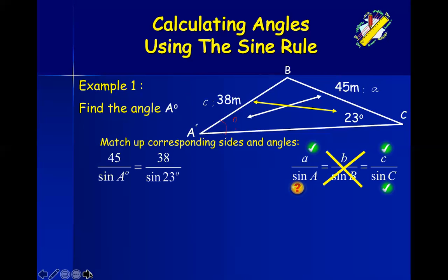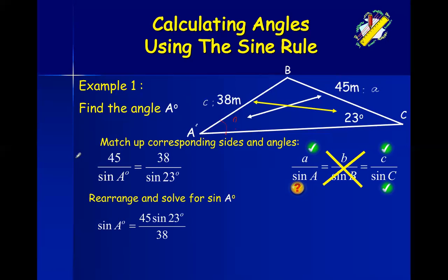So you rearrange this. Remember what you need to do. You need to times by sine A on both sides. After having done that, you'll get 45 equals 38 sine A divided by sine 23.